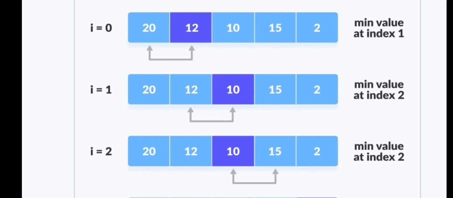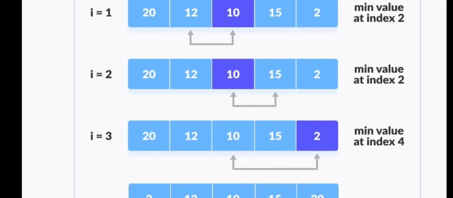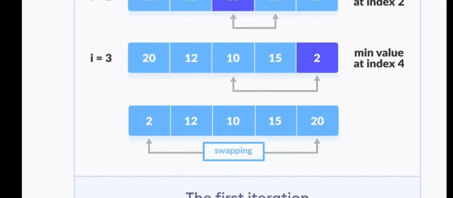Thick blue always shows the minimum element in the array, 10, so we feel 10 as a minimum. Again 10 is compared with 15, because 15 is greater, so we feel 10 is a minimum. Again 10 is compared with 2, so 2 is the minimum element, and we went to the end of the list.